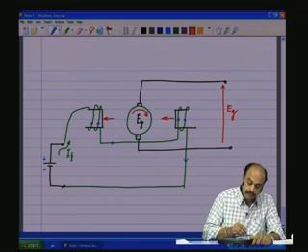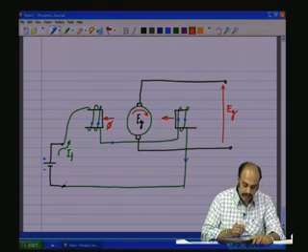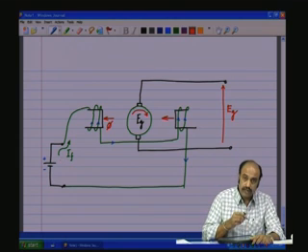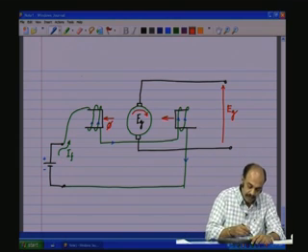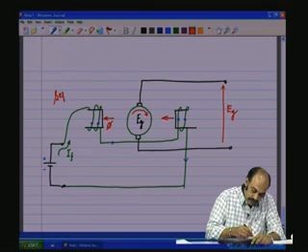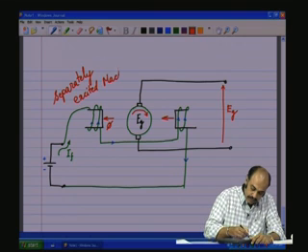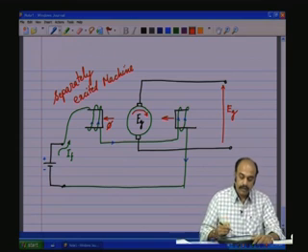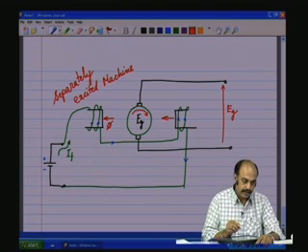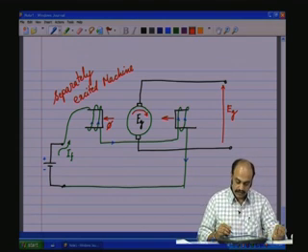Now, the flux is being set up by a separate source here. Therefore, we say the excitation is separate. So, this is called a separately excited machine.